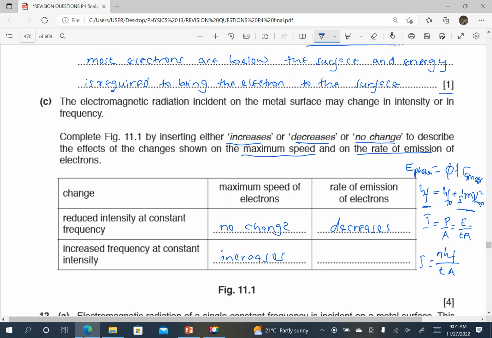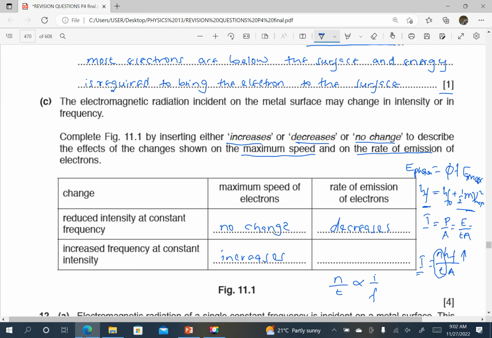Frequency has been increased, but intensity is not increasing. You notice that the number of photons per unit area, per unit time, is inversely proportional to frequency, as long as the intensity does not change. The number of photons, which is the rate of emission of electrons, is inversely proportional to the frequency if the intensity is constant.